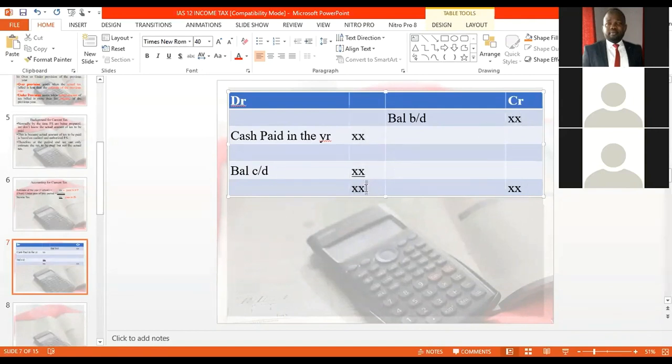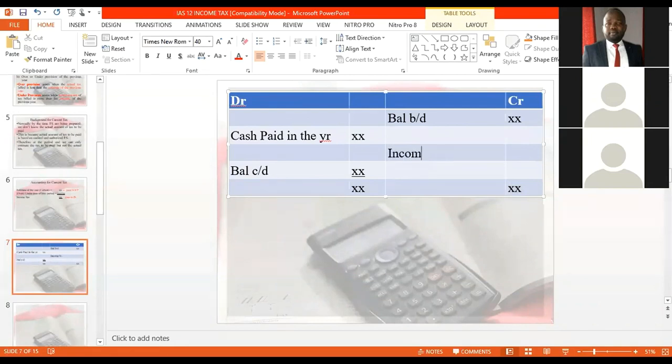This total of the debit side is the same amount you bring here. So if you get the difference between this total and that, the balancing figure is what goes to the income statement.